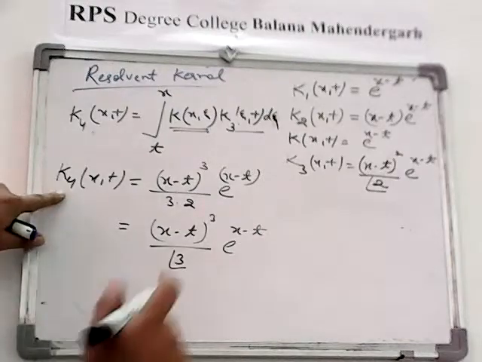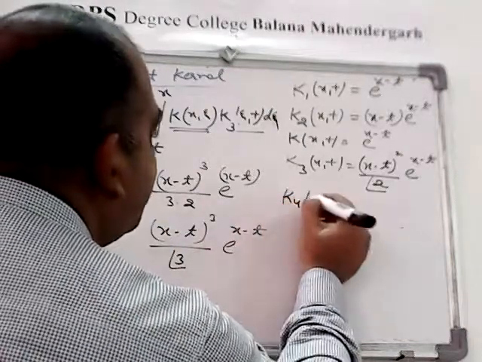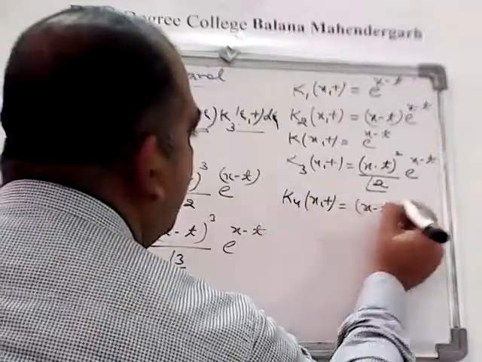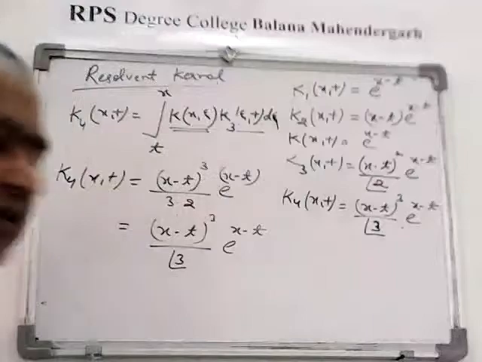So in case of k4, we are getting k4(x, t) equal to (x minus t) whole cube divided by 3 factorial, e raised to power x minus t.